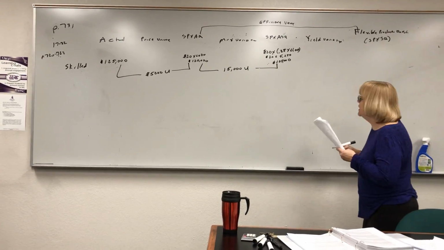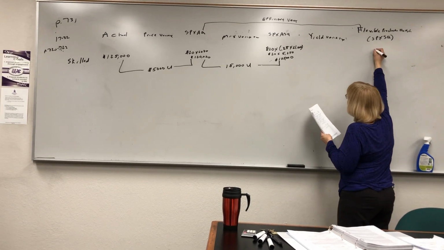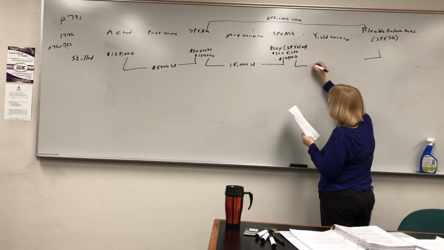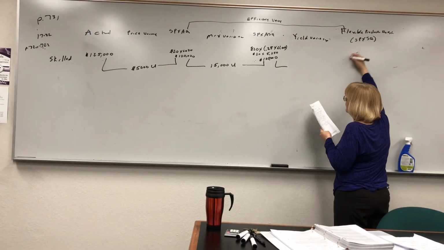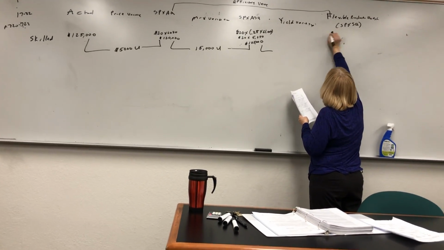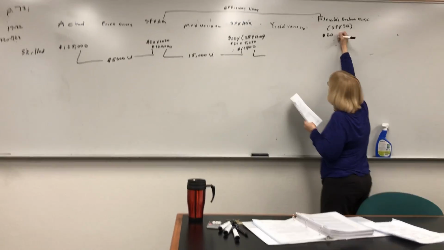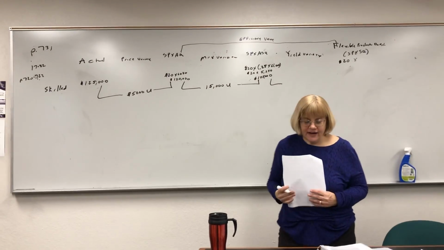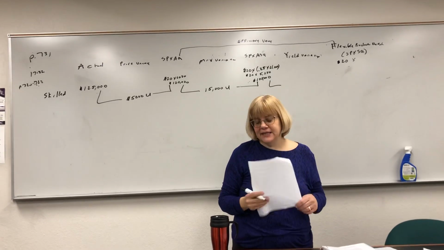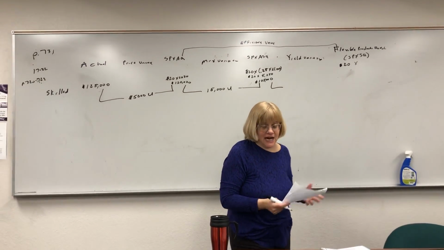Our yield is going to be, I didn't do this part yet. To get our flexible budget, we know we paid $20 an hour, our standard price, times our standard quantity. Now it gives us our standard quantity in minutes, so we have to convert it to hours.